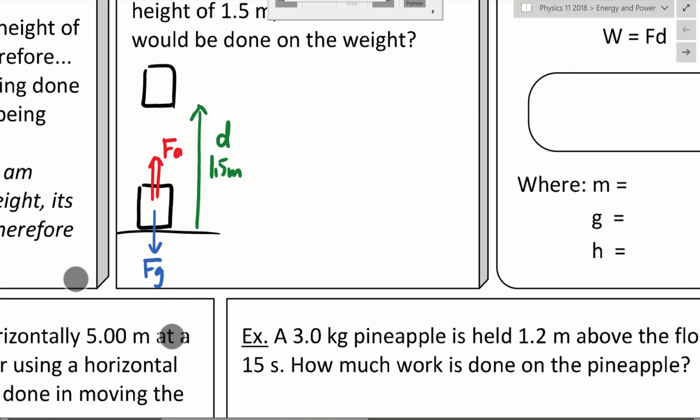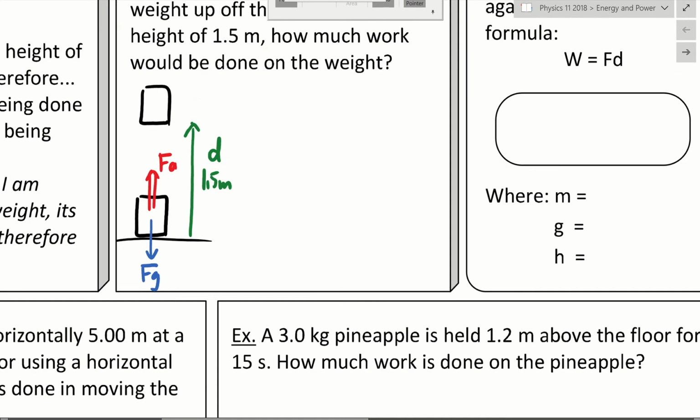Okay, so you have to think about it this way. Think about dynamics. In order to pick up this box, how much applied force do I need? Well, according to Newton's first law, that applied force must be at least balancing gravity, its weight. Now, of course, can it be stronger than gravity? Sure, you will go up even faster. But can it be weaker than gravity? No. If your applied force is weaker than gravity, the box won't even start moving upward. So you have to be at least matching gravity, so these two forces should be at least the same.